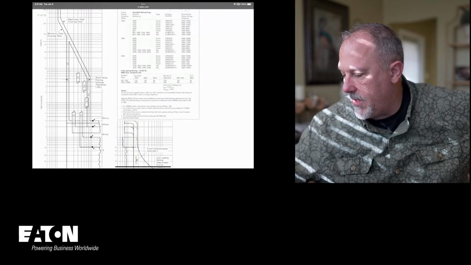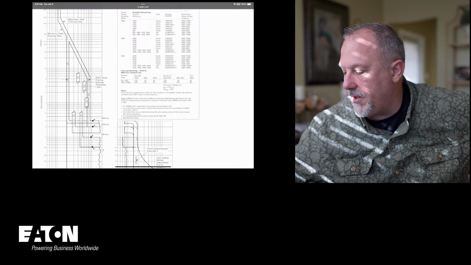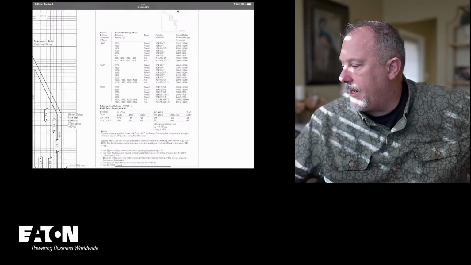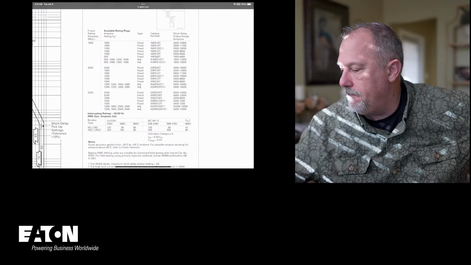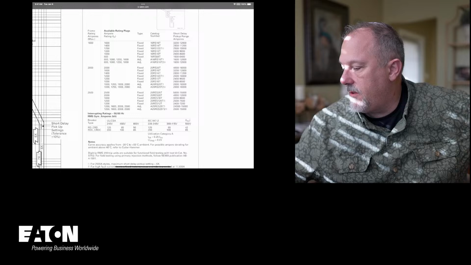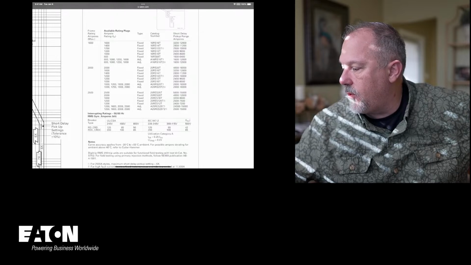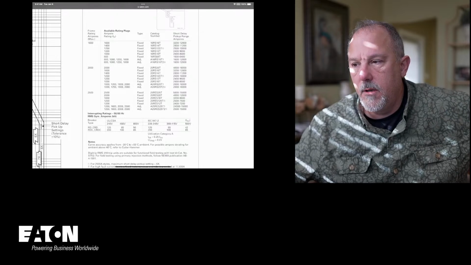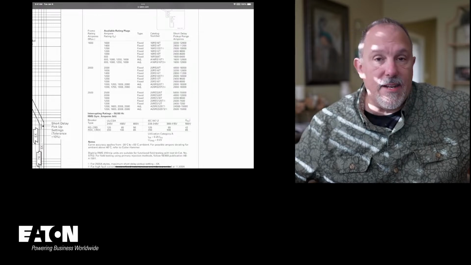I can do short time at 200 milliseconds, 0.2. And on a 2,000 amp breaker, I can go down to 4,000 amps. And that's well below my 7,344.